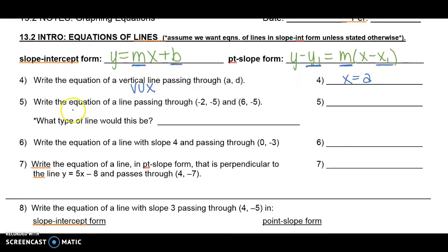Okay. Write the equation of a line passing through -2, -5, and 6, -5. What I'm noticing in each of these points is that we have the same value in each of these spots.